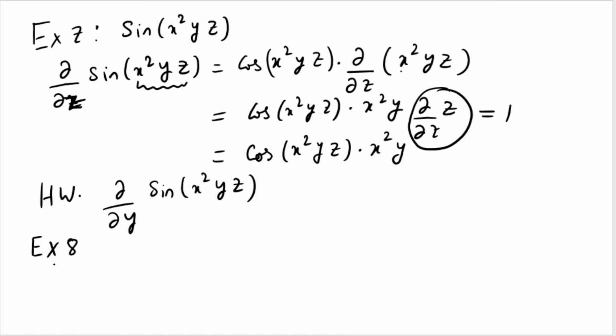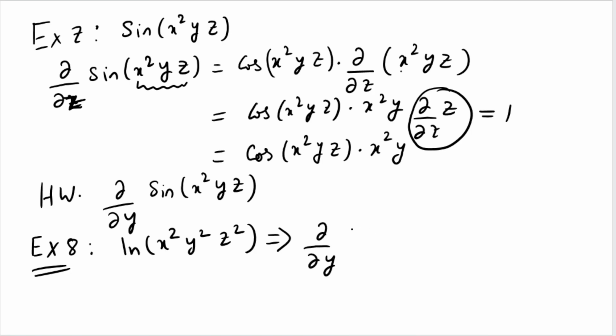Example 8. Let's take a log function. So let me take log of x square y square z square. I want to take the partial derivative of this function with respect to y. So therefore, I write it as log of x square y square z square. The derivative of log of x is equal to 1 over x.